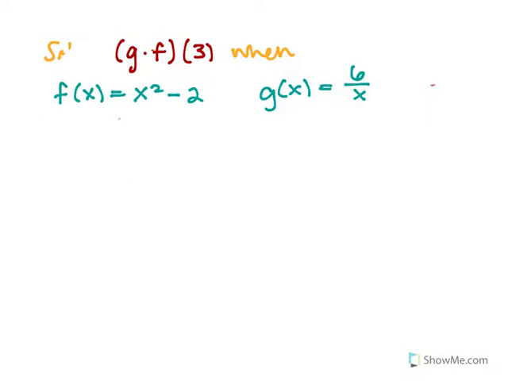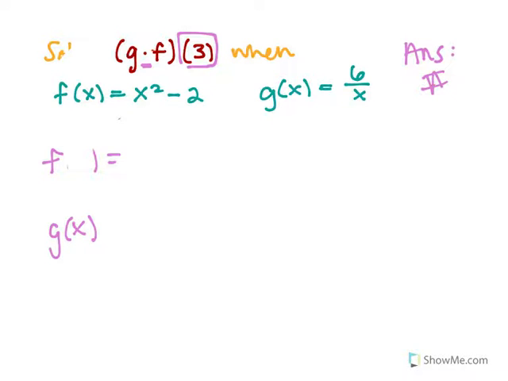Okay, so here's one more example where they're giving us a number. So if we are given a number, we know our answer has to be a number as well. Again, I'm going to go ahead and solve f(x) and g(x) separately, and then I'll go back and multiply at the end.